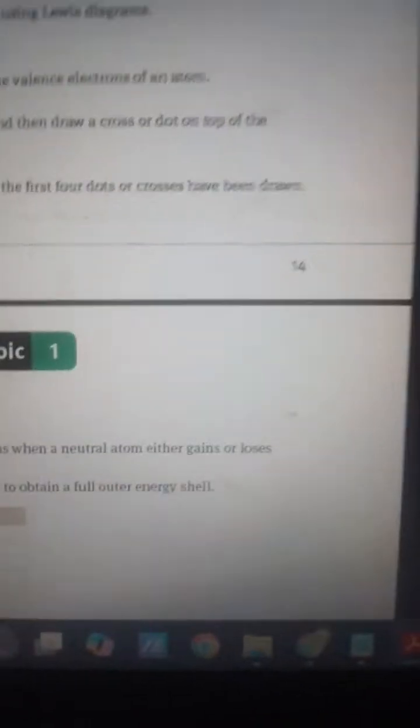The rule for drawing Lewis diagrams is that we write the symbol for the element and then draw a cross or a dot around the symbol, right? Remember, we work clockwise, and the electrons are only paired once the first four dots or crosses have been drawn. So you only pair the electrons after you've drawn the four dots.